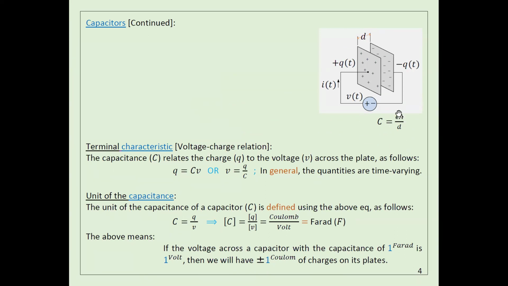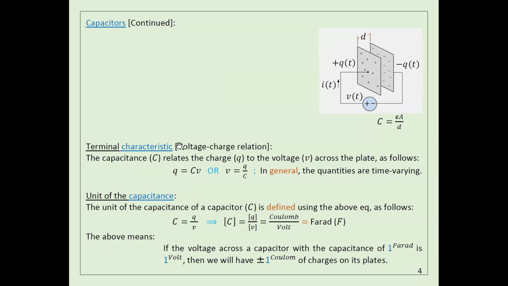So this is C, capacitance. It's a constant value because we're not going to change the dimensions. It's not related to the voltage or the current; it's just related to the dimensions of the capacitor. Now I want to get the relation between the voltage across the capacitor and the amount of charge stored by the capacitor.